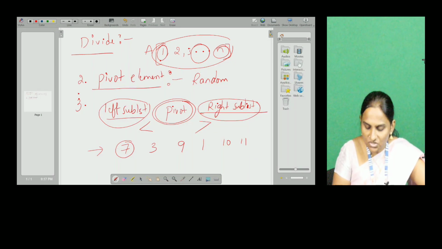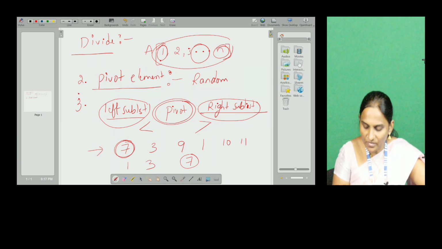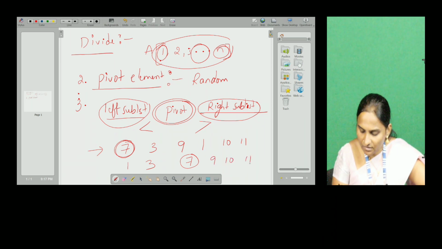I will explain later how to do the partitioning. After partition is done, the 7 would be in the middle position, the elements less than 7 come to the left side, that are 1, 3, and the elements greater than 7 come to the right side, that are 9, 10, 11.